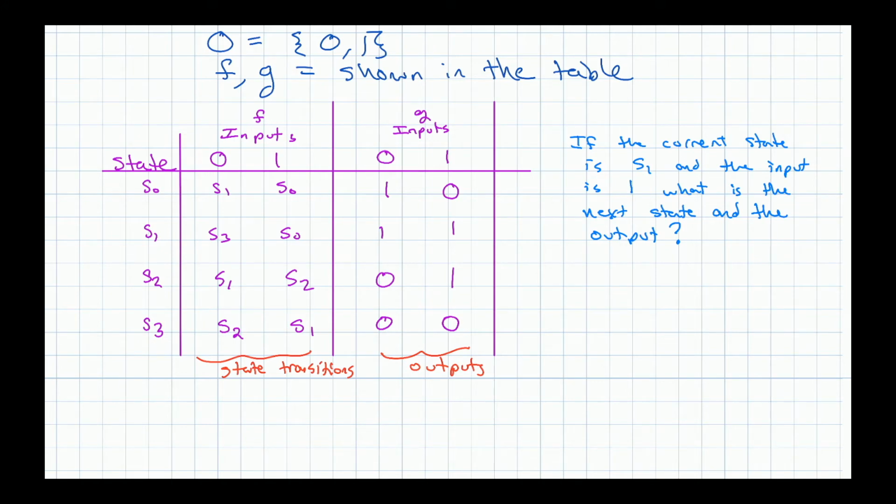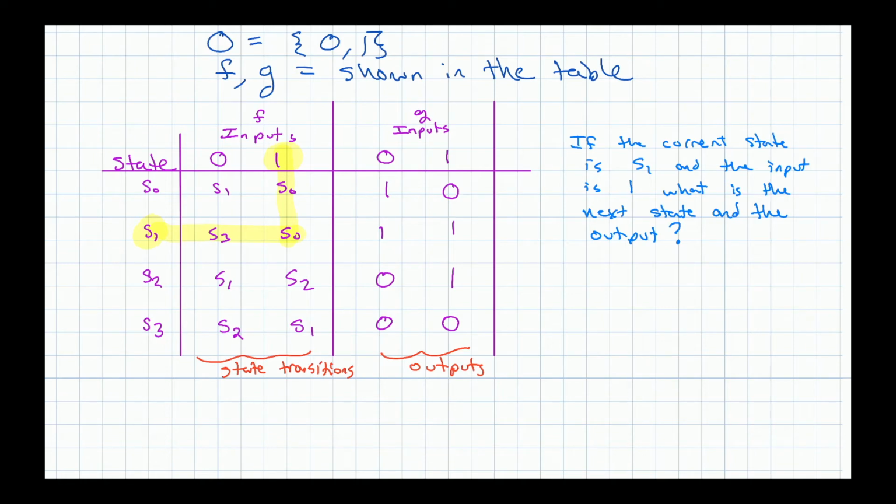And so how would you do it? What you would do is you would say, okay, the current state is S1. Here's S1, okay? And the input is 1. So here's 1. So that's going to mean that in order to get the next state, you just come over here, come down here, and it's going to be S0, right? If you're in S1 and the input is 1, then this is going to be your next state.